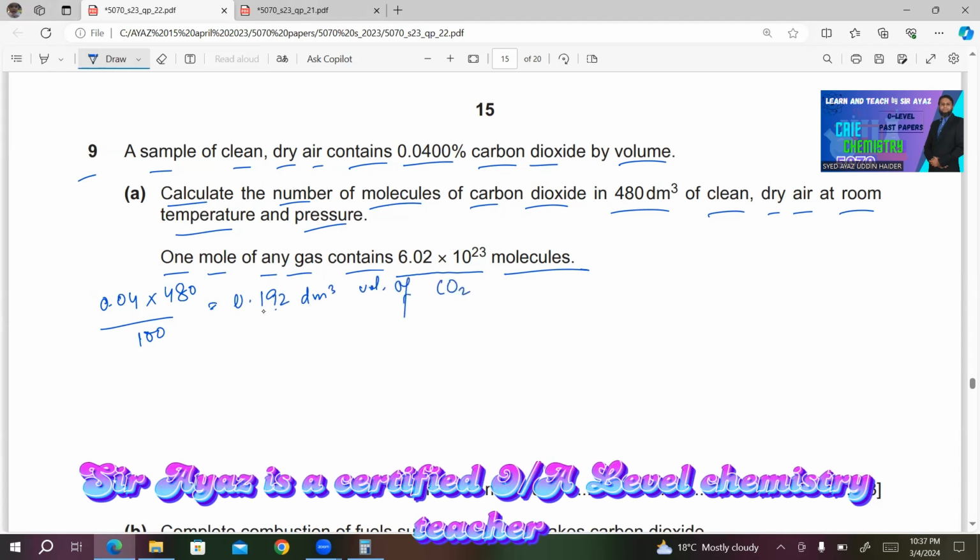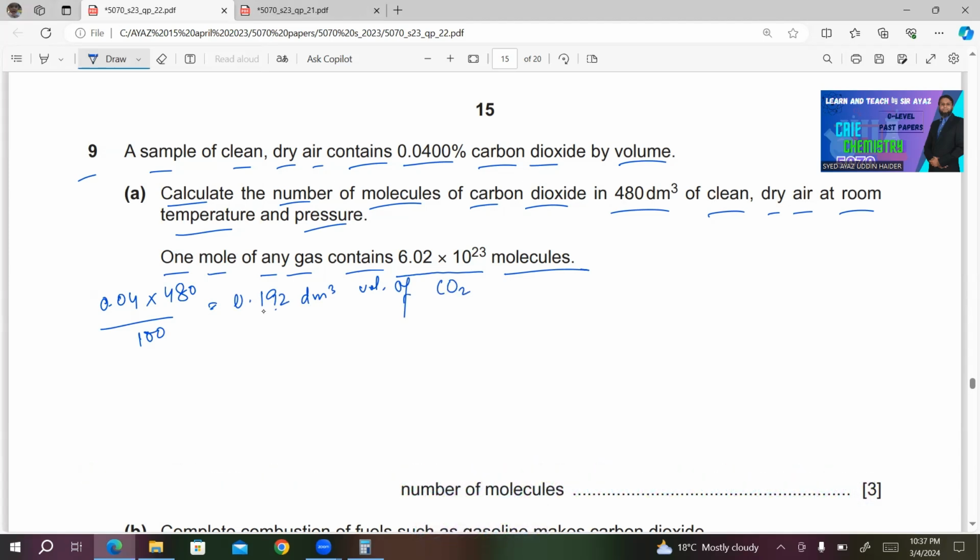You know that 1 mole of any gas contains 6.02 into 10 to the power 23 molecules. So first of all, we need to convert this volume of carbon dioxide into moles. At RTP, that is room temperature and pressure, 1 mole of any gas occupies 24 dm cube.